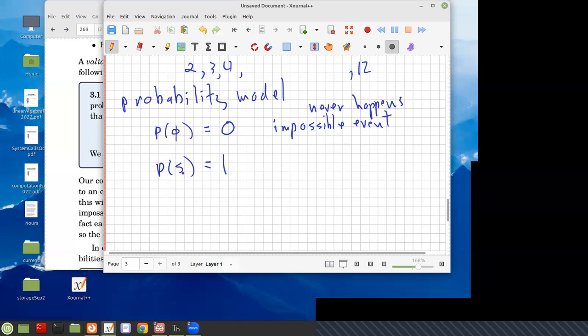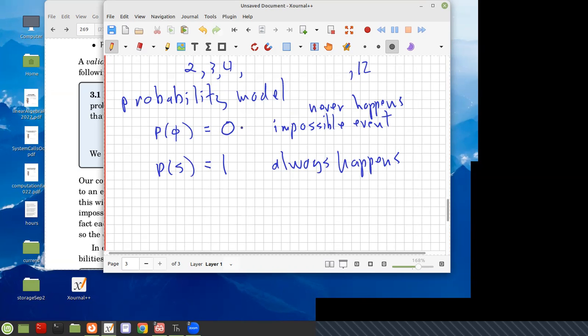If you have an idealized experiment of tossing a coin, heads or tails, it always comes up heads or tails. So this always happens. So 1, because of this sort of default situation, is that the closer the probability is to 1, the more likely it will happen, and the closer it is to 0, the less likely it will happen.